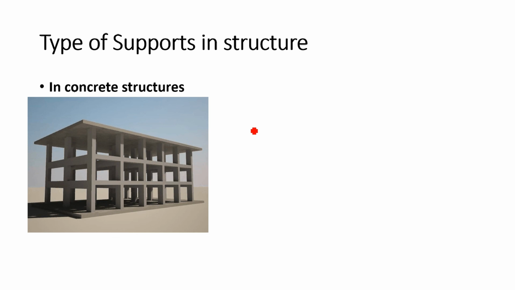So based on the support behavior, you should be able to judge what kind of supports you are providing there. It's very important. In all the books, it will give pin support, fixed support, but as an engineer, you should know the physical meaning of fixed support and roll support, right? So let me give some other hints.